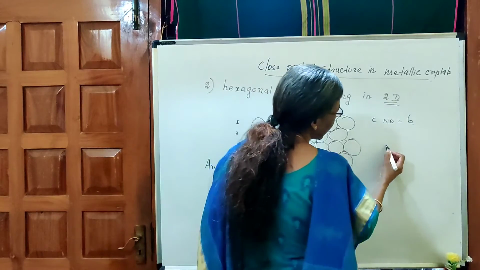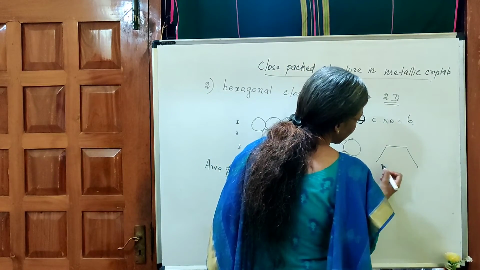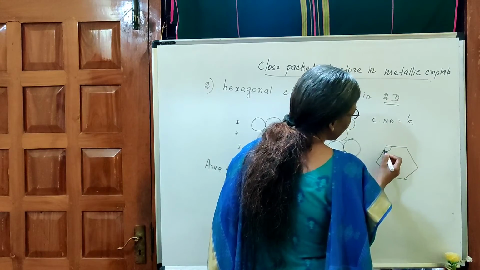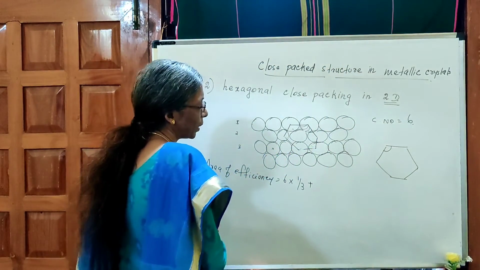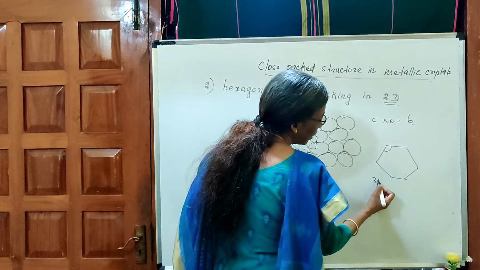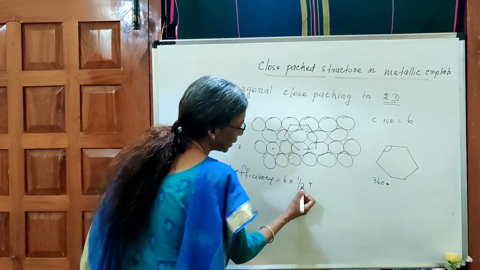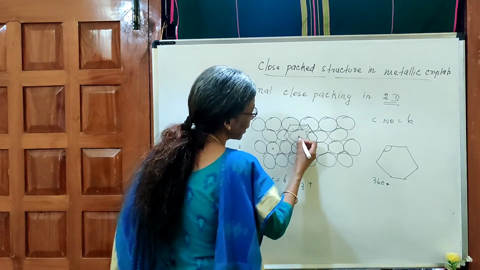If you draw like this, you are getting it like this, no? See here, this angle is 120 degrees. That means out of 360, 120 is 1/3 of the sphere. So 1/3 plus, in the middle, 1 sphere is there.